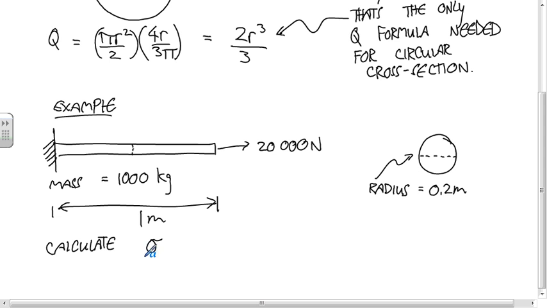Calculate the stress tensor for a point on x equals 0.5, that's that dotted line, at the neutral axis.